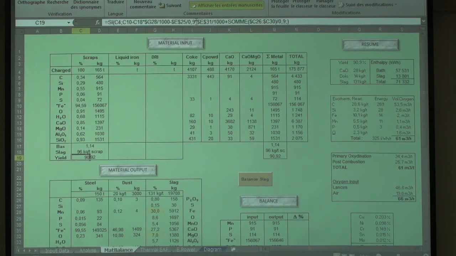And times the iron content of the dust. Yeah? So, again, I have the iron content of the scrap minus the iron I will lose in the slag and in the dust, plus the sum of what will remain in the steel. C26 to C30. These are these elements here.